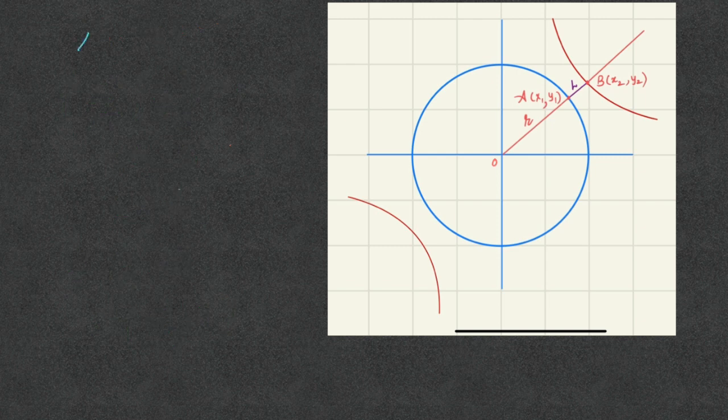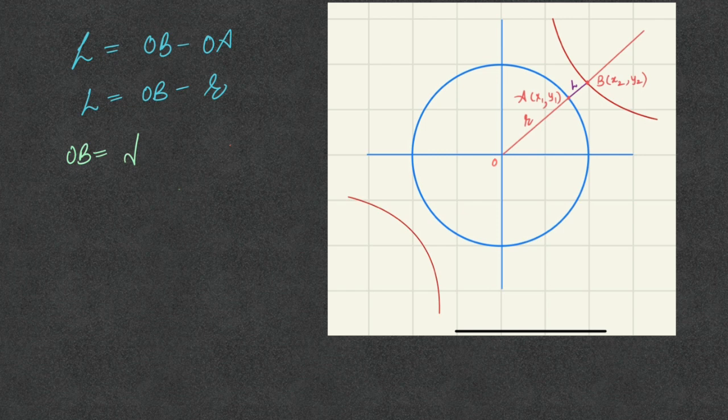Now we would like to find the value of L. L is nothing but OB minus OA. OB is the distance from the origin to point B and OA is the distance from the origin to point A. So OB minus OA will give us this length, which is the L. OA is the radius, so L can be written as OB minus r. Now we can find the value of OB because we know what point B is.